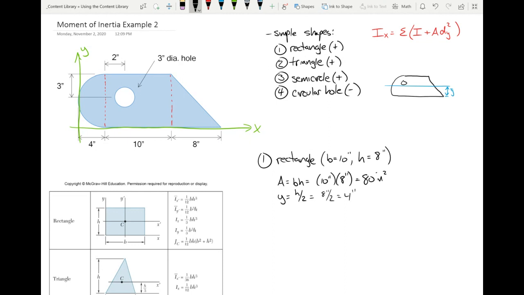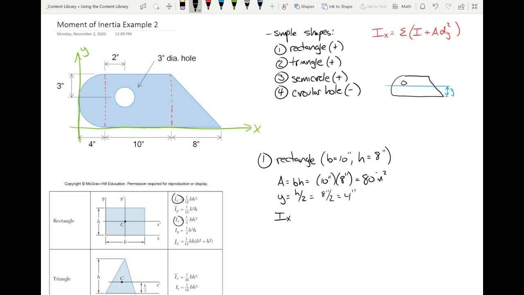Now we've got the new formula we've got to figure out, which is this moment of inertia. What I'm going to be using is the moment of inertia with respect to the x-axis, and between these two, if you look at the rectangle, I've got an Ix bar and I've got an Ix. I'm going to use the Ix bar.